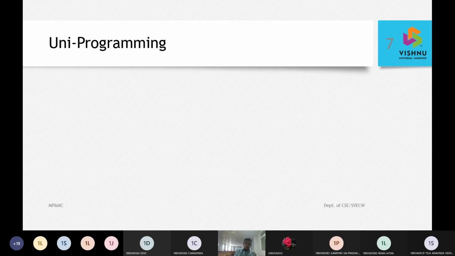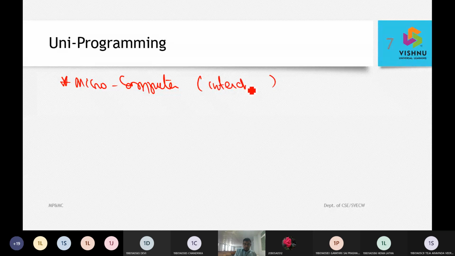Fine. Now, once we do have the microprocessor, a microcomputer is interchangeable with the microprocessor. So what is a microprocessor?